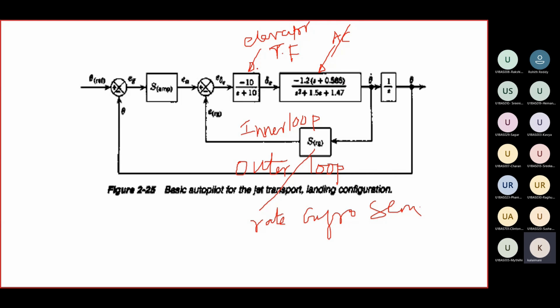Now the inner loop has these transfer functions. One is the elevator transfer function, so I take only the inner loop. The elevator transfer function is minus 10 divided by S plus 10.